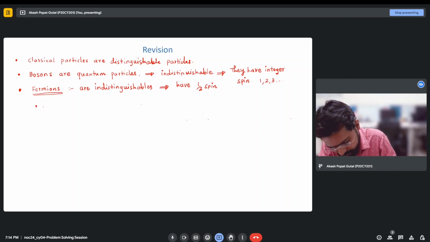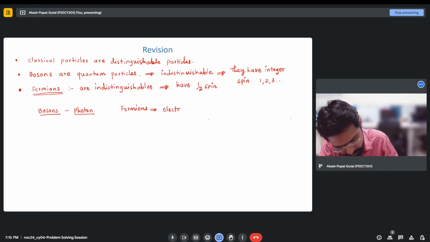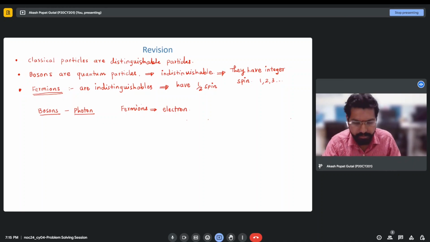The example of boson is photon, which has integer spin. An example of fermions we can give is electron. And classical particles, as we know, are distinguishable, and we can consider any distinguishable particle as classical.